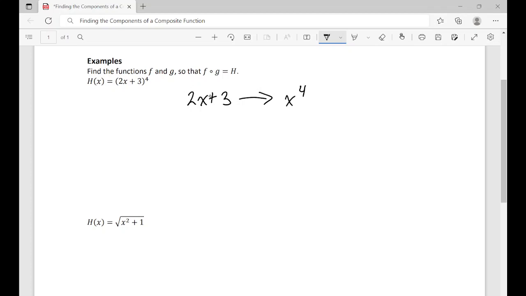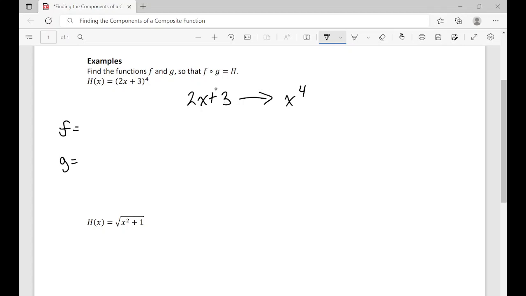So if I take 2x plus 3 and plug it into this x here, it would all be raised to the fourth, like this function is here, which is pretty easy to tell, but you need to know which one is f and which one is g. So again, 2x plus 3 is being plugged in.